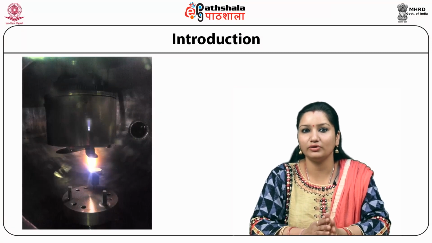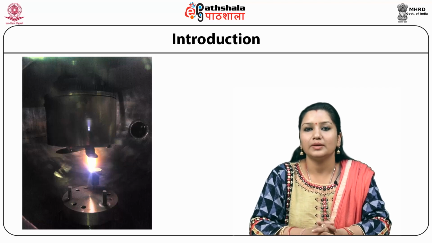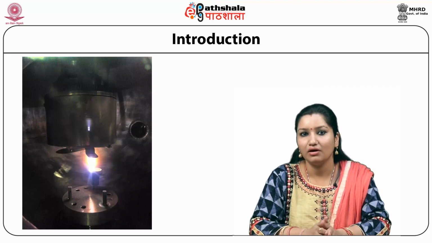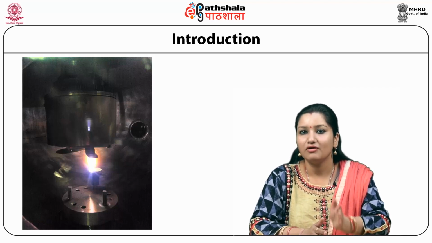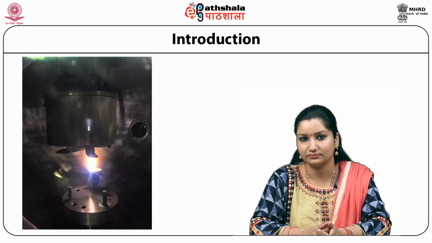So before getting into detail, let's have an introduction about pulse laser deposition. A pulse laser beam is focused on the surface of a solid target. The strong absorption of the electromagnetic radiation by the solid surface leads to rapid evaporation of the target materials.